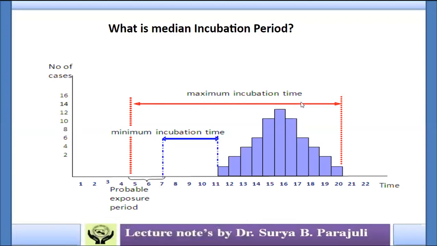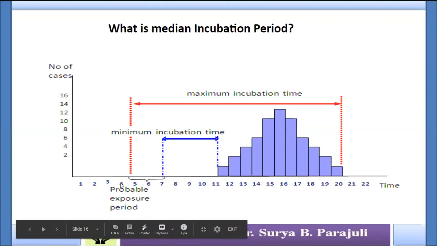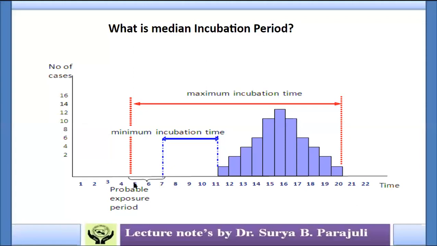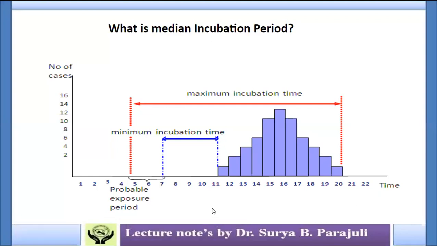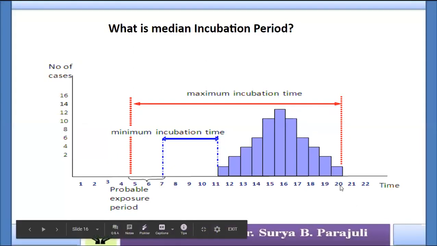So what is the maximum incubation period here? It's around 15 hours. And what is the minimum? It's around 1, 2, 3, 4, so 4 to 15 hours. It means the first case was notified in our health institution after 4 hours of food intake, and the last after 15 hours.